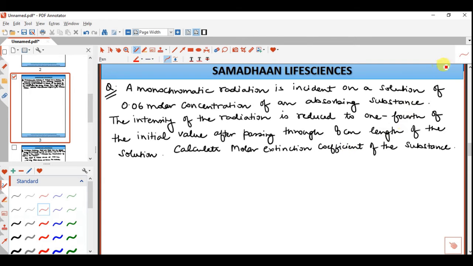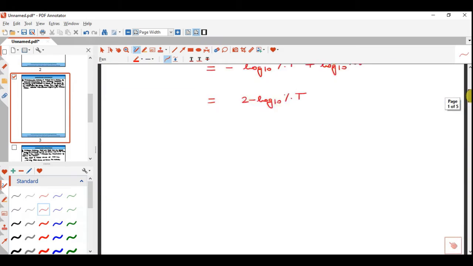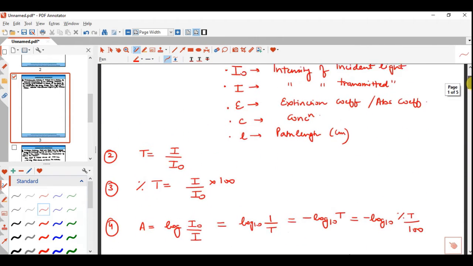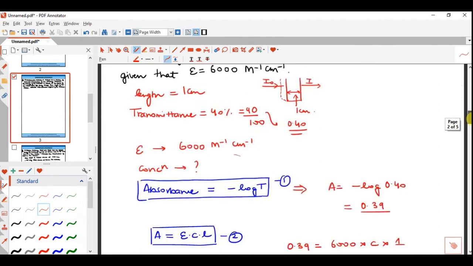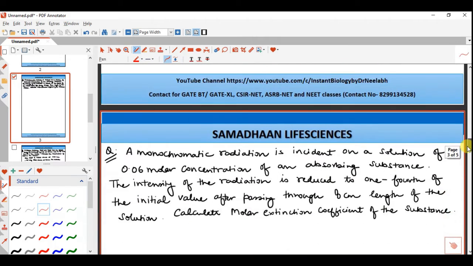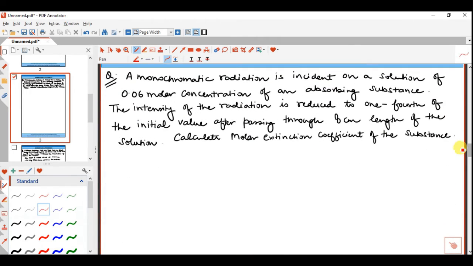So I would like you to stop the video and try and do this question on your own, because I have already given you the formulas that are present over here. Only these formulas would be used in this question. For those who are not able to do this, let me just progress with this question.